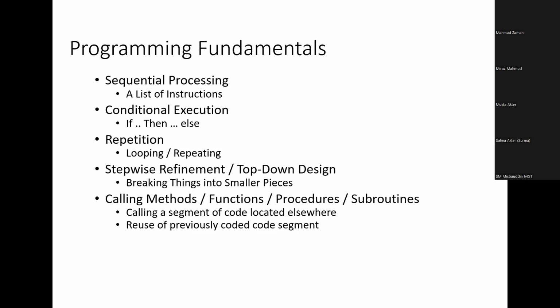Many conditions are checked, and then based on different conditions we branch out to different areas. So while we are writing sequentially, we take advantage of conditional execution to branch out our program in different directions.